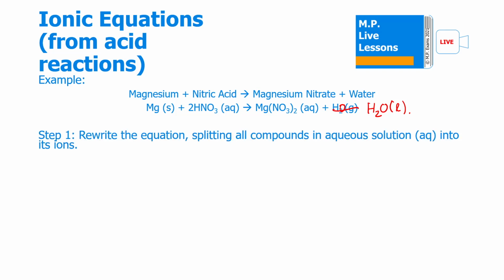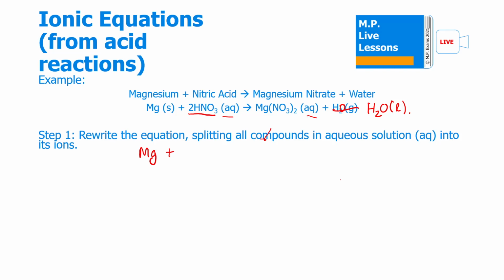What we first do is split all compounds in aqueous solution, those that are dissolved in water and have this AQ here, into ions. So we rewrite the whole equation again. We start with magnesium. Now we first come across this nitric acid that's dissolved in water. That's an aqueous solution, so that will split into its ions.